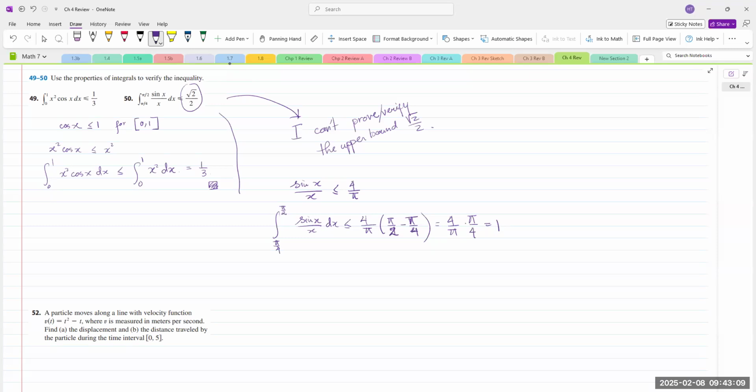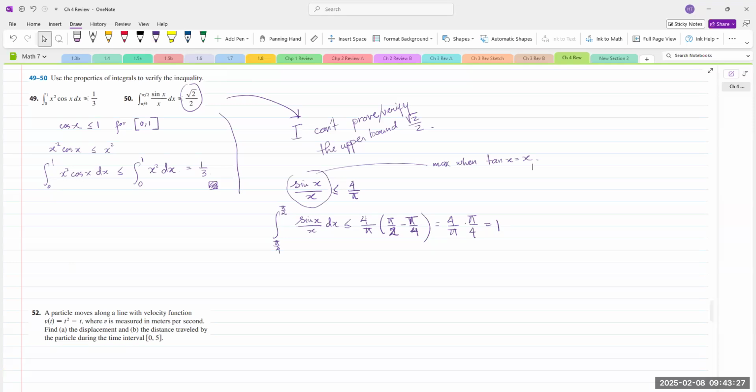But the best way, like what I said earlier, is to find where the maximum is. It's maximum when tangent x equals x. You know what? Let me go on further.